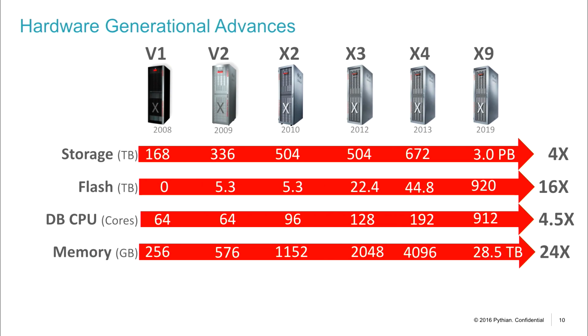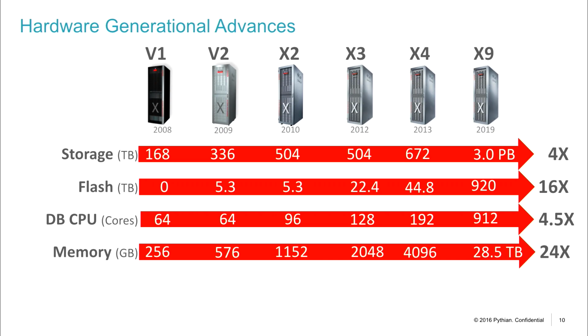Now, this is a little bit of the generational advances that the Exadata has had since when it started, right? So it started with 168 terabytes of data, and we are currently in the X9 at 3.0 petabytes of storage.